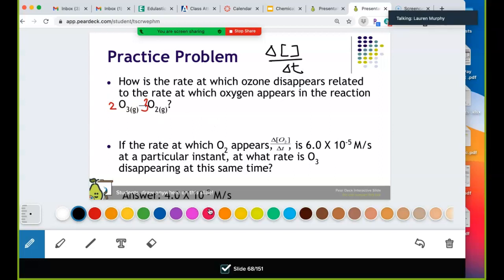Well, ozone is going to lose concentration because it's a reactant, and the rate would be change in ozone over change in time.